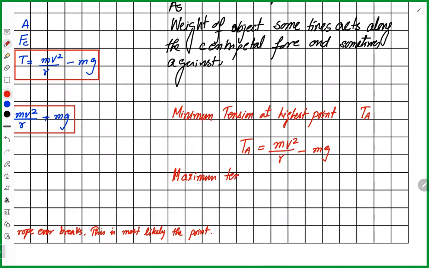Maximum tension at the lowest point, TB, and TB equals mv square over r plus mg.